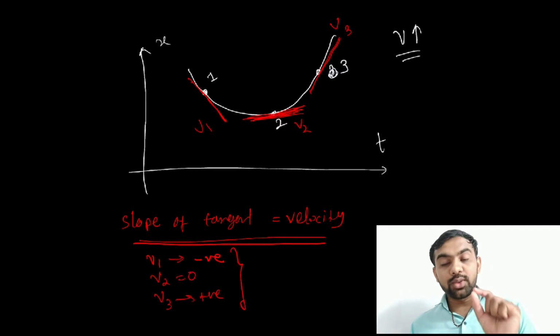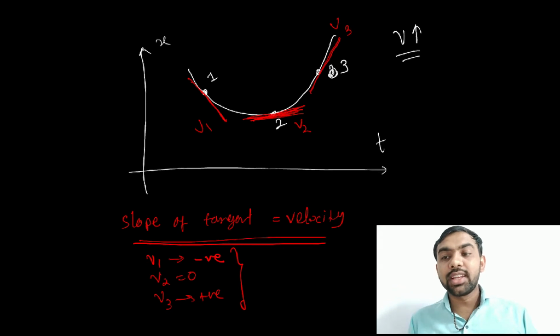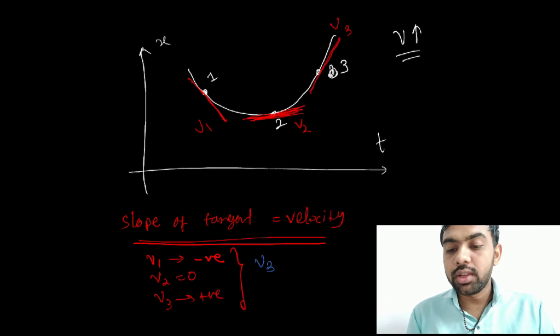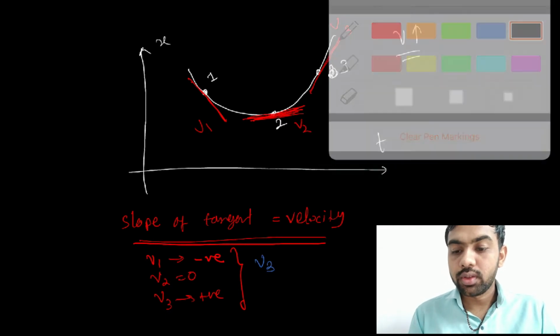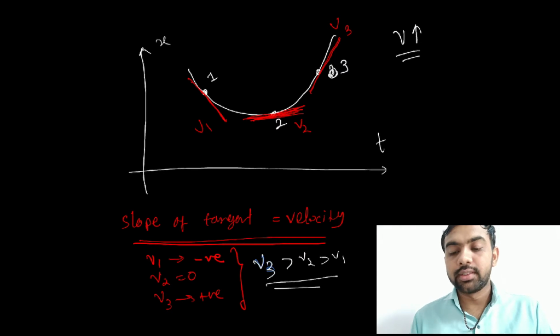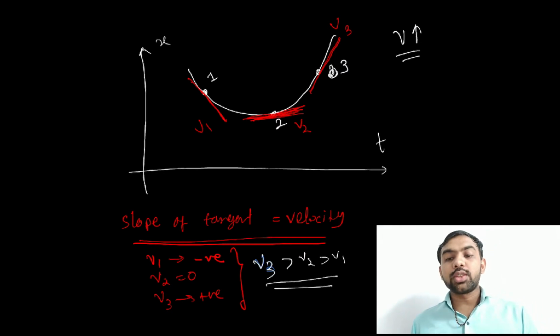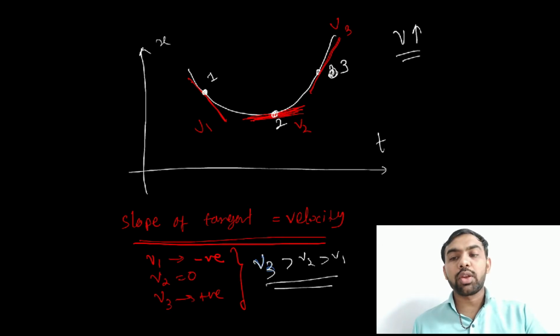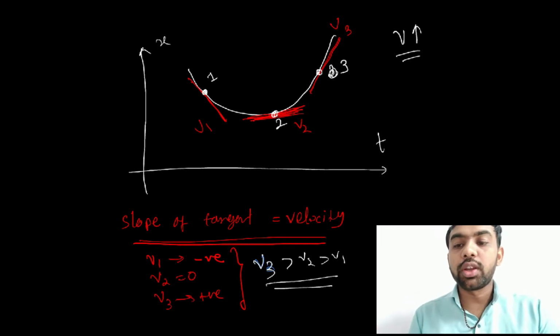Why? Negative, actually minus 1 is less than 0. So here consider the simple thing: v3 is greater than v2, which is greater than v1. That means the velocity is increasing. The velocity at the second point is more than at the first point, and at the third point it is more again.